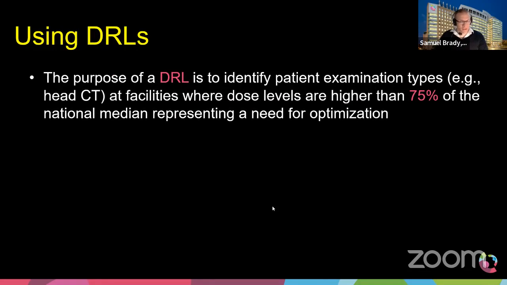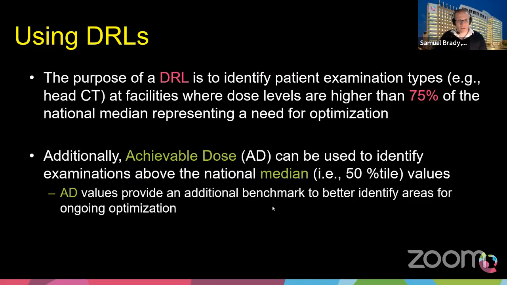So, very quickly, a quick review of what Dr. Canal taught us last month. DRLs are established according to ICRP 135 to set a dose level at the third quartile, or the 75th percentile, of all national doses. There's a second metric we also use when helping to establish appropriate levels of dose in the nation, called the Achievable Dose, or the AD.